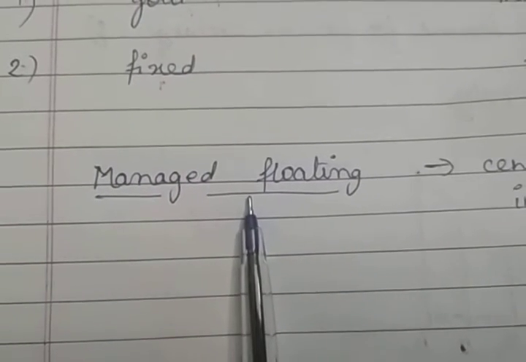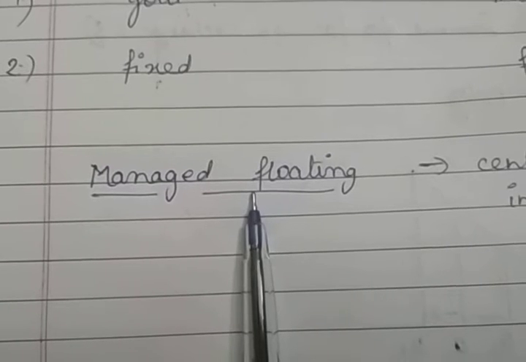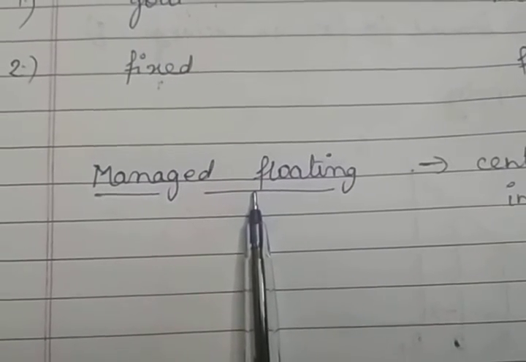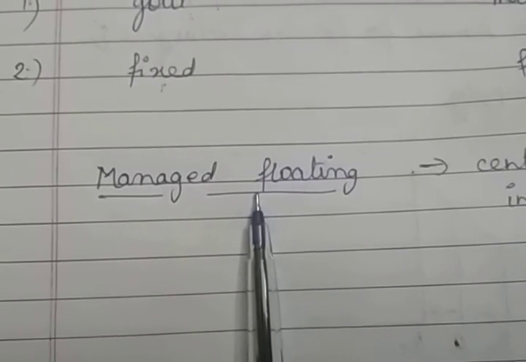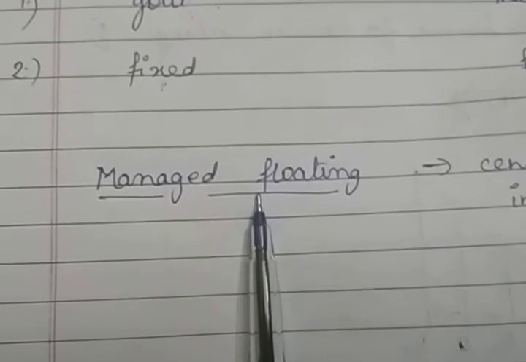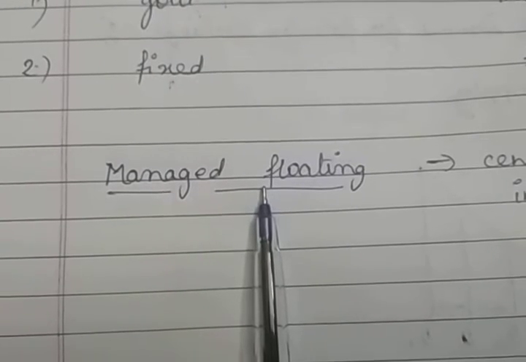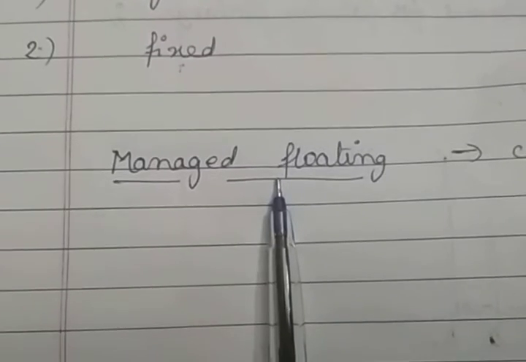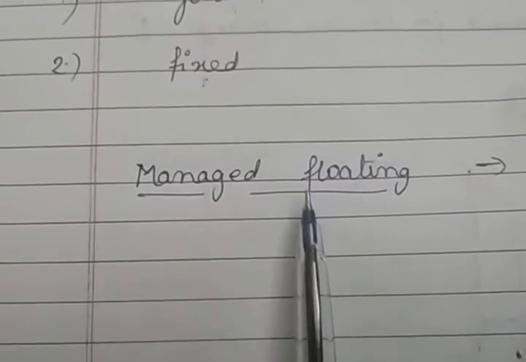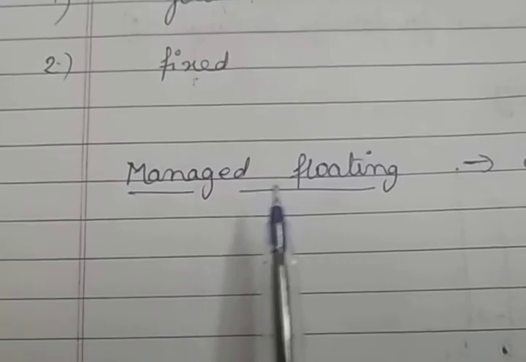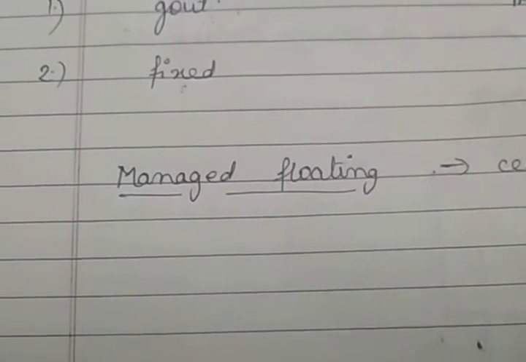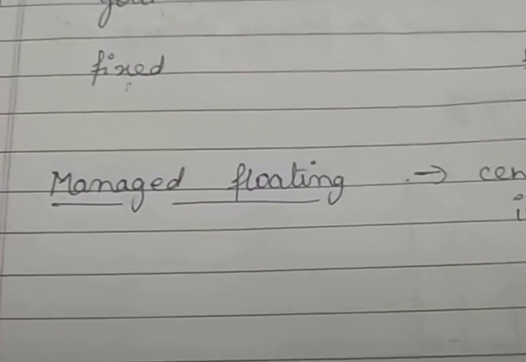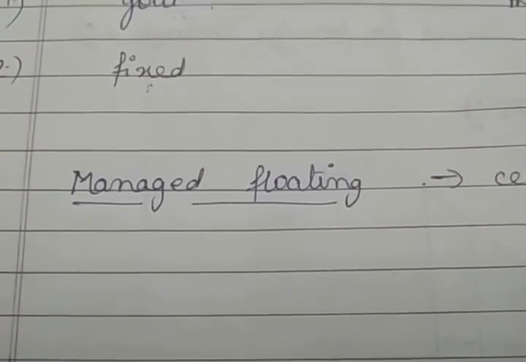That is why managed floating is also called dirty floating, as the central bank intervenes to purchase and sell foreign exchange in an attempt to moderate exchange rate movements whenever they feel that such actions are appropriate. So basically, this is a combination of a fixed and flexible exchange rate system in which the RBI buys and sells in the open market.